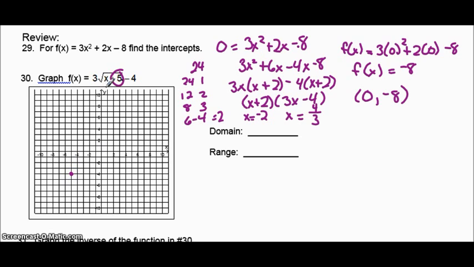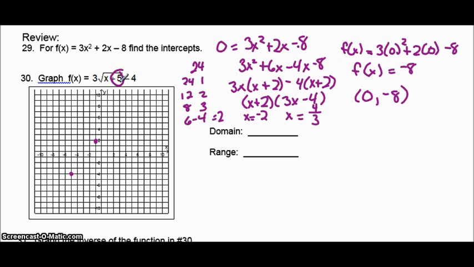You could try substituting some points in. For instance, since we're taking the square root, I might do negative 1, because negative 1 plus 5 gives me 4, which square root is 2. 3 times 2 is 6, minus 4 is 2. So the coordinate negative 1, 2 would be part of my graph.